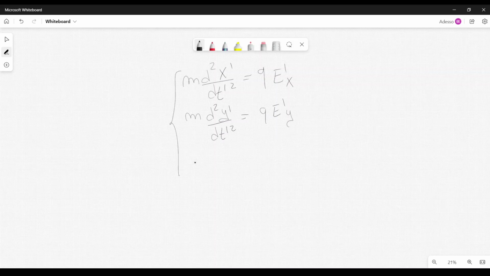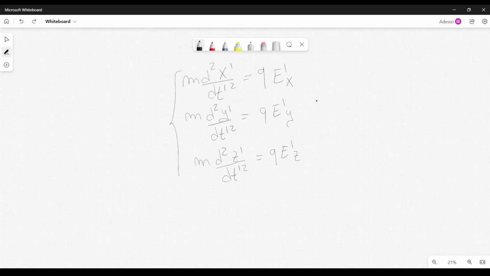And of course we also have m d squared z prime divided by dt prime squared equal to q E prime z.